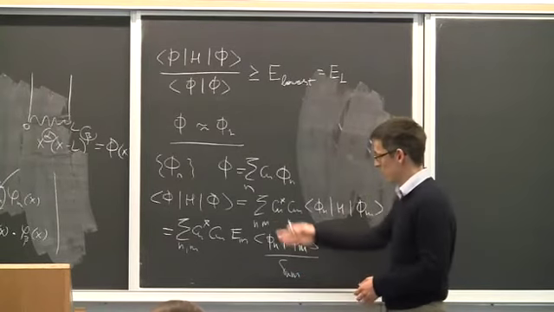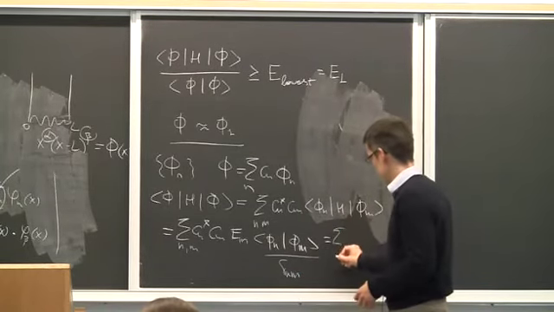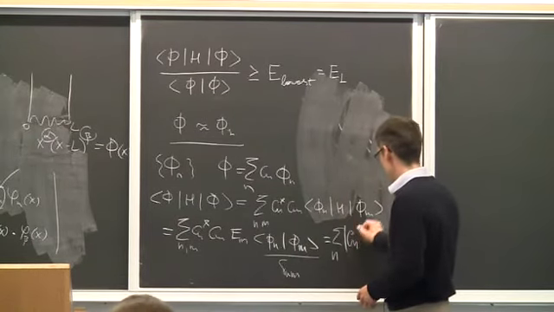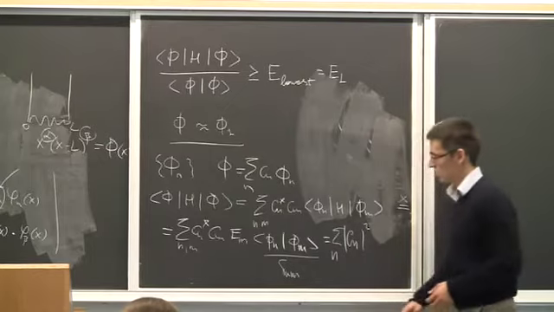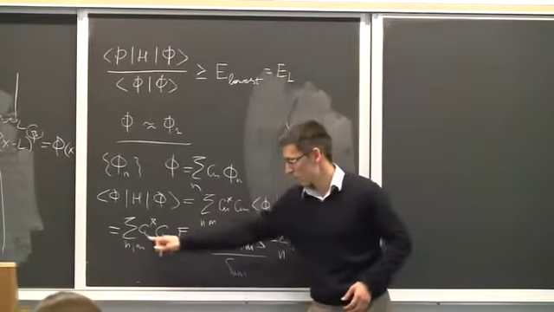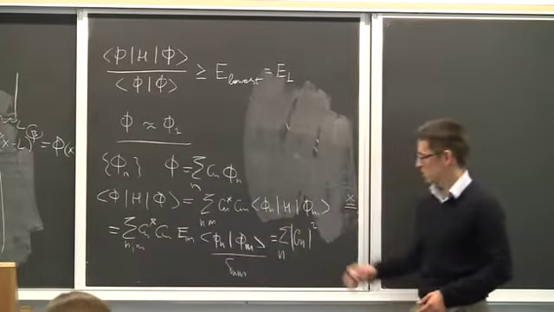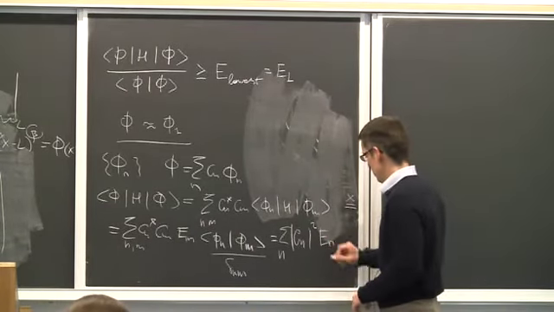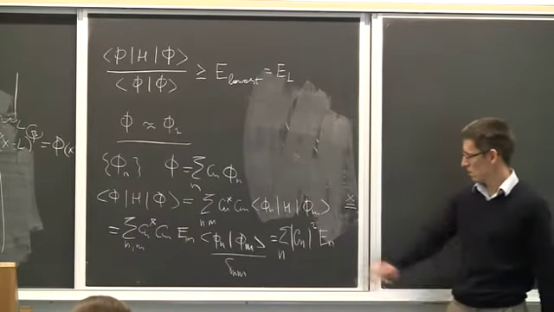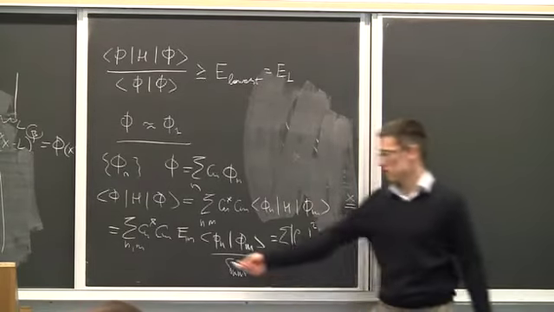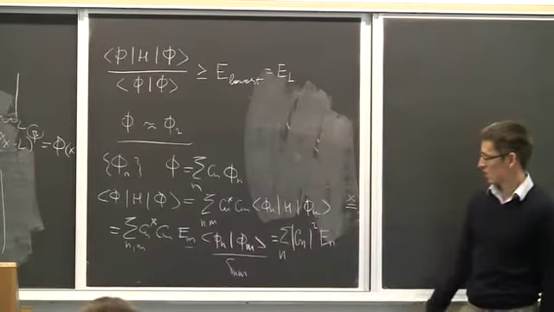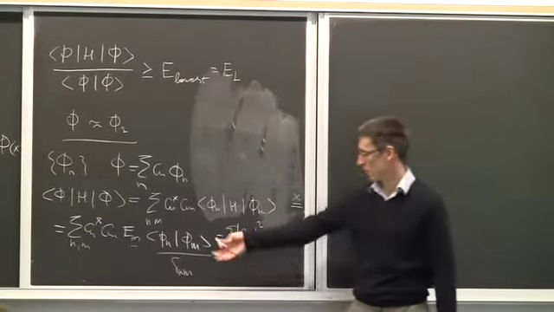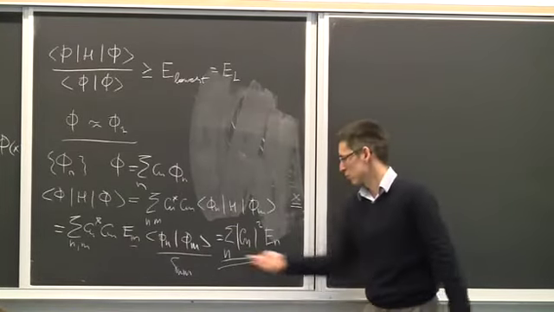So this becomes a single sum with respect to n, with |c_n| squared. The step here is that m becomes n, c_n star c_n becomes the absolute square of c_n, and E_m also becomes E_n because m must be equal to n. This gives 1 in the diagonal case and 0 off diagonal. So this is what we got.